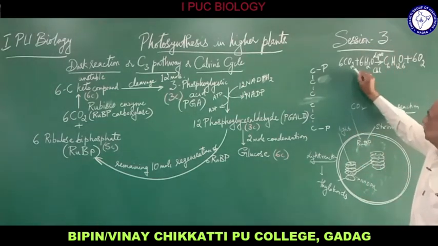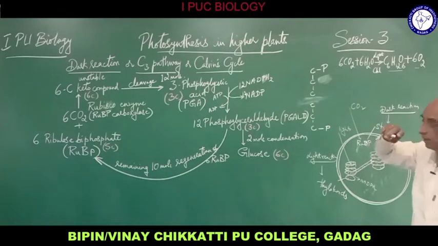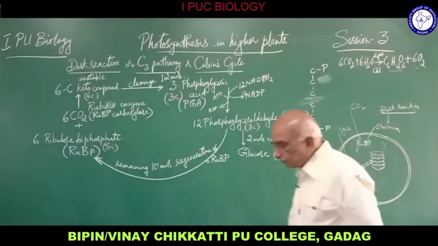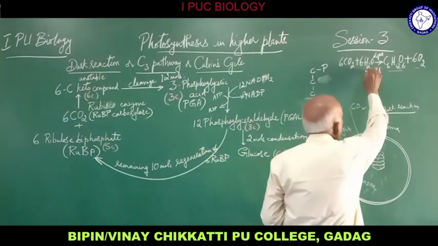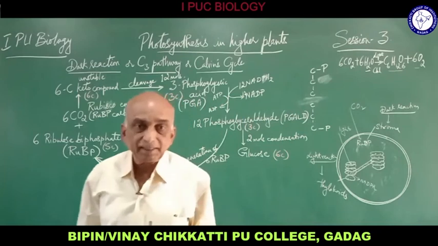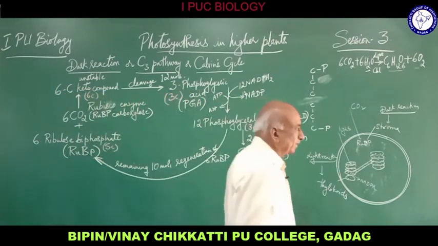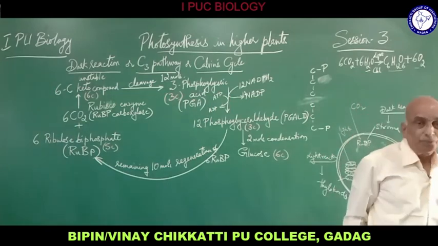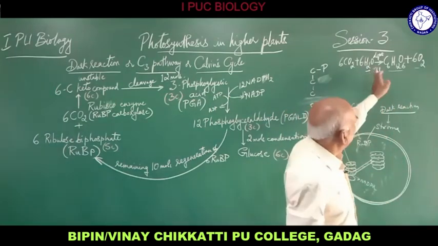So 6 CO2, water, light and chlorophyll form carbohydrate, and oxygen is released. In the light reaction, we have seen that water is used to produce oxygen. There the water splits, photolysis of water takes place in the non-cyclic photophosphorylation. That photolysis of water is also called photoionization of water. Water splits to form oxygen.